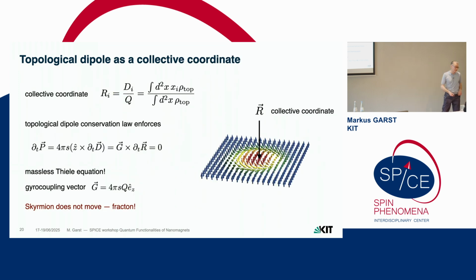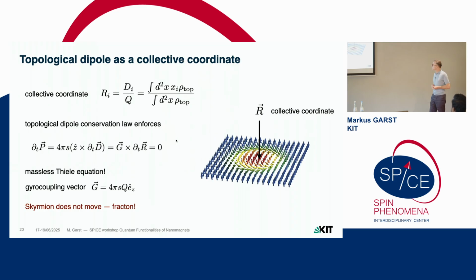Okay, what does this mean? I told you about the topological dipole. This is defined in this way, right? You have a topological density, you multiply it by position, and then you integrate it. However, if you have a skyrmion, the topological density is expected to be localized around the skyrmion.